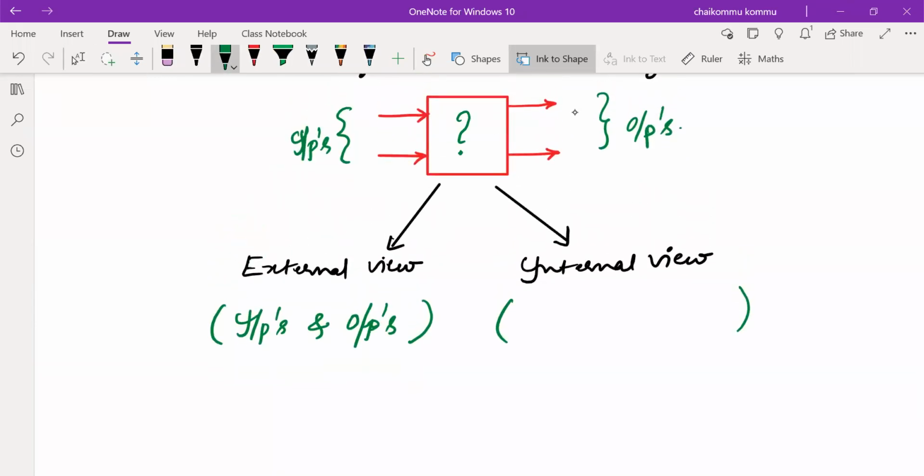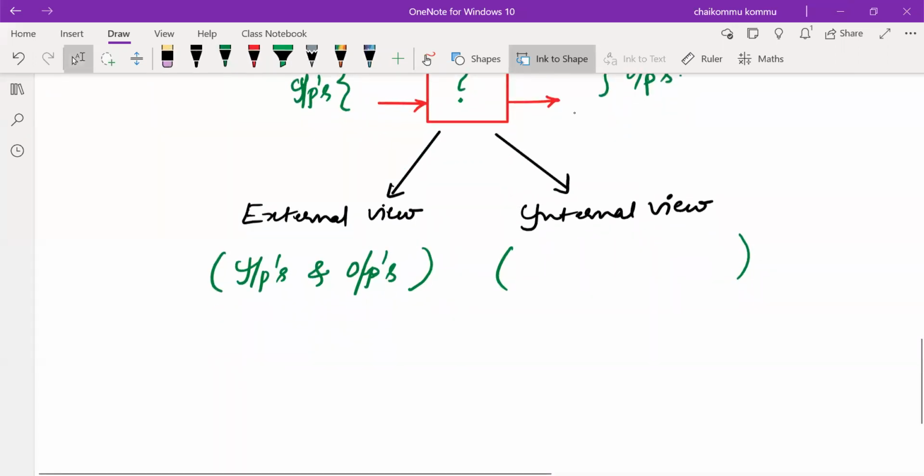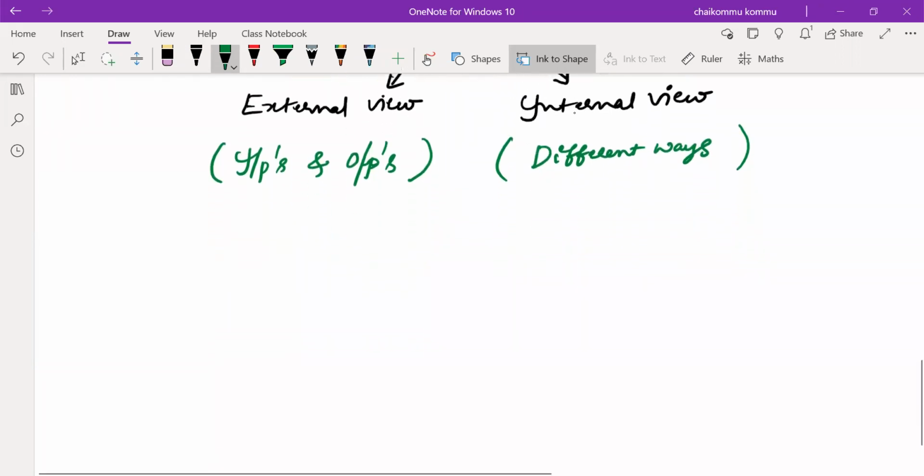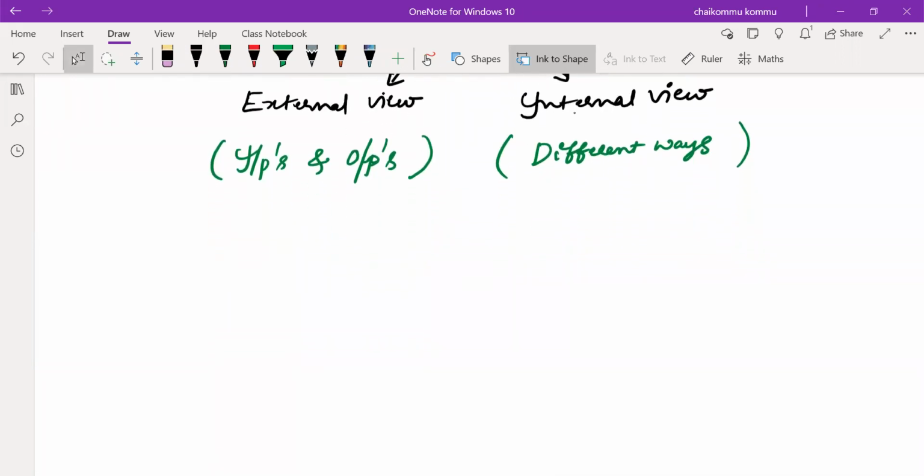If you want to know that, there are different ways to understand the internal circuit of the design, that is, to understand its behavior with the help of different methods.